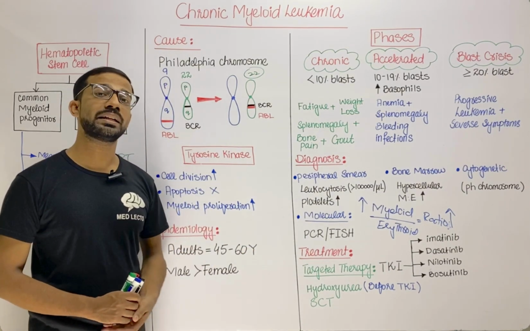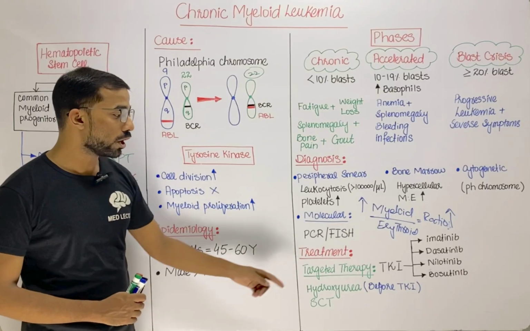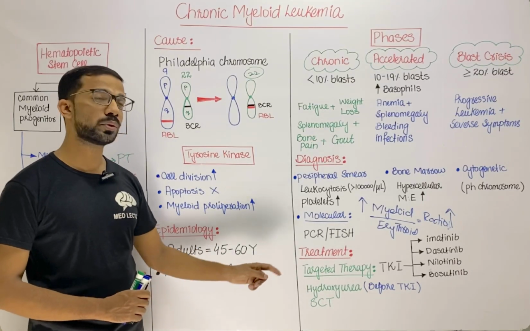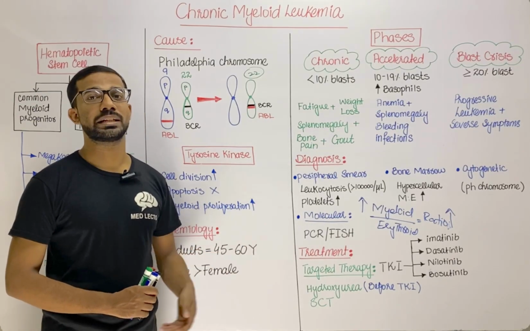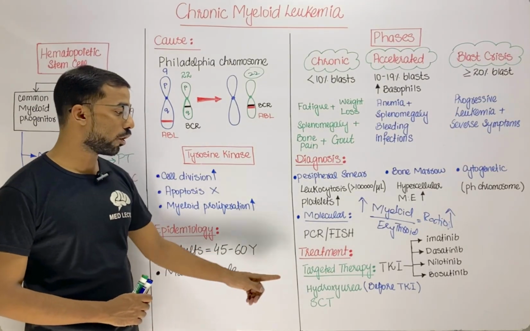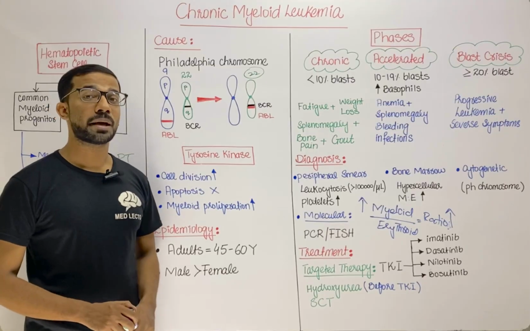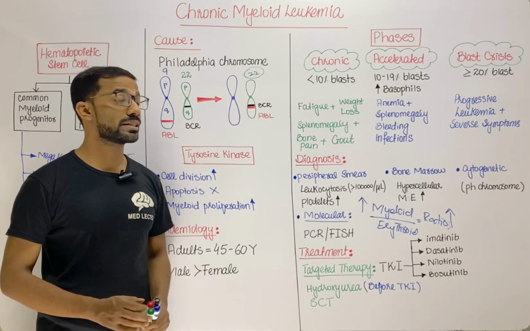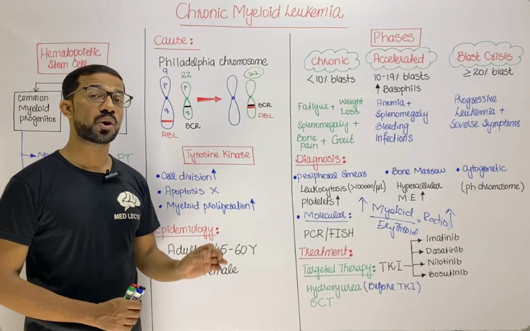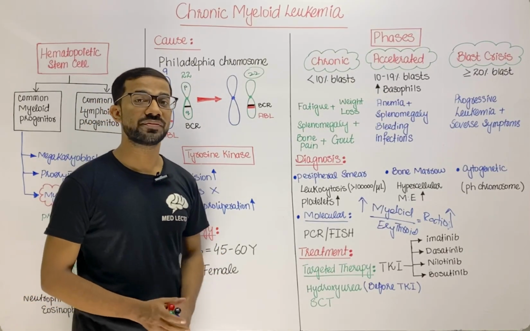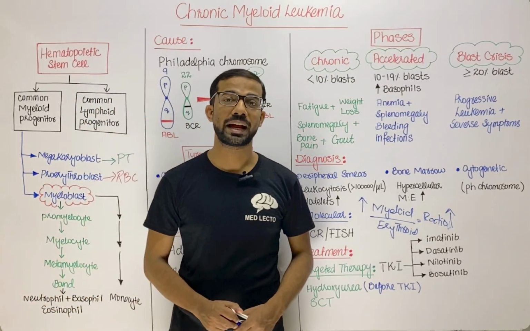That is the targeted therapy. You can also go toward hydroxyurea. It is given before the tyrosine kinase inhibitor therapy. And you can also go toward stem cell transplant in severe cases like the blast crisis phase, because it's very difficult to treat this phase of chronic myeloid leukemia.